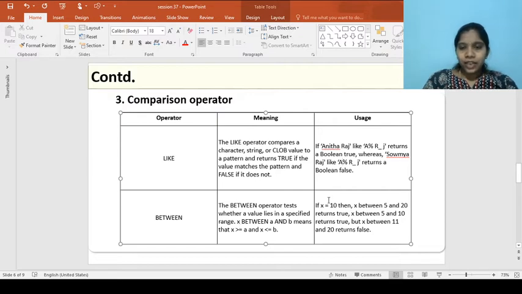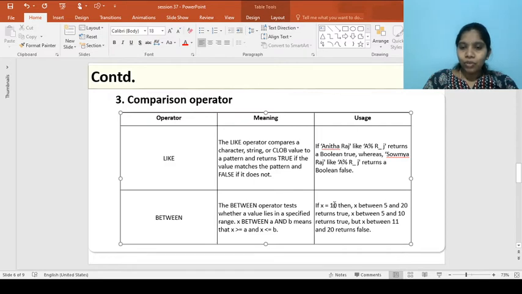Let us consider one example. If the X value equals 10, then X between 5 and 20 returns true because the range is from 5 to 20.